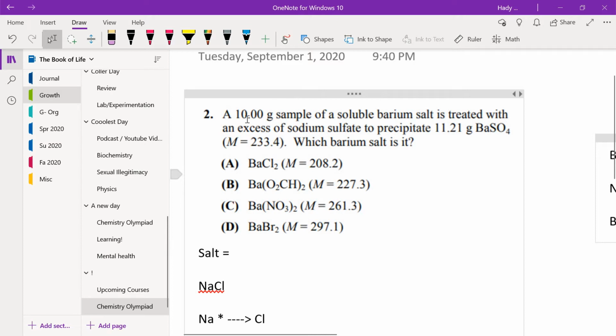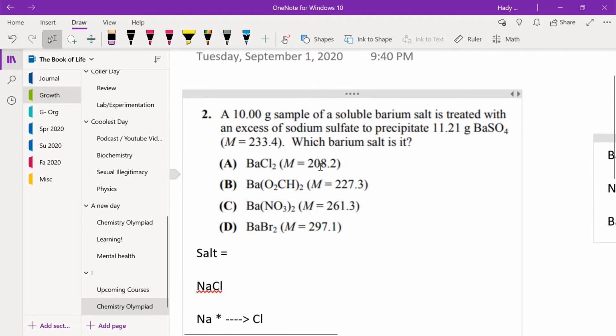This whole thing about the 10 grams, the 11.21 grams, I don't think... oh, it might be relevant. This might be a harder question than I think it is. But first, let's see which one of these is soluble, and then we can go from there. That's the main part of the question that I'd like to teach, or explain.